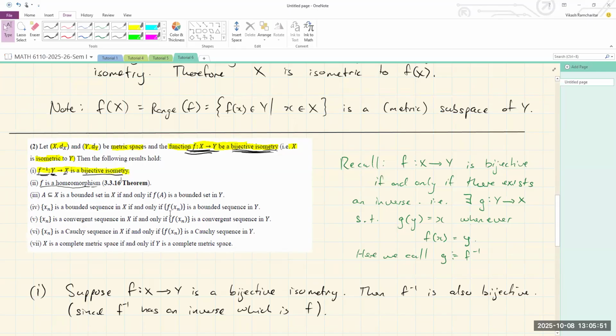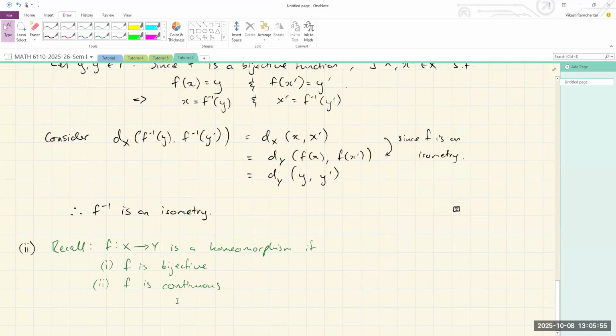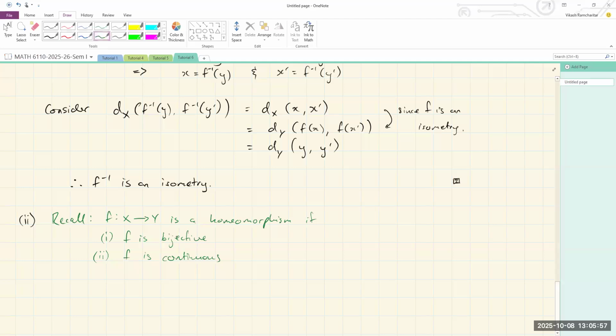You don't get the same thing for homeomorphisms. If f is a bijective continuous function, there's no guarantee the inverse will also be continuous. The inverse exists because it's bijective, but there's no guarantee the inverse will also be continuous. That's why we need to add in as a third condition that the inverse is continuous.